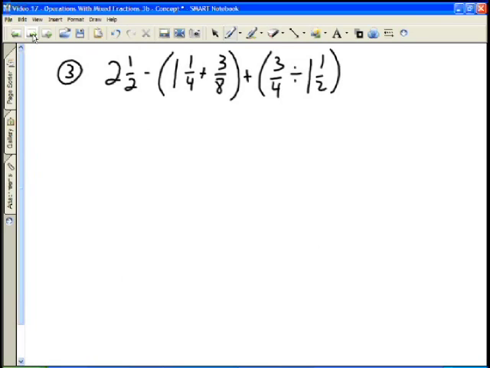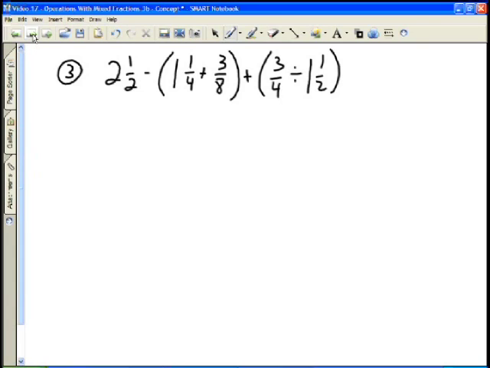So 2 times 2 is 4 plus 1, and I'm going to spread things out a bit here, is 5/2 minus 4 times 1 is 4 plus 1 is 5/4, and we don't have to convert the 3/8, plus, and we don't have to convert the 3/4, but we have divided by, and now 2 times 1 is 2, plus 1 is 3, so we get 3/2.